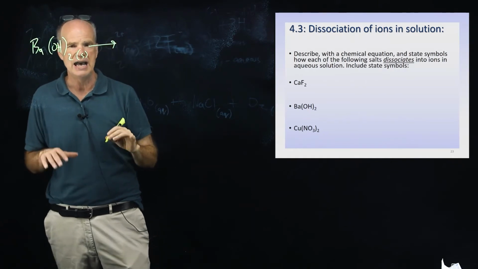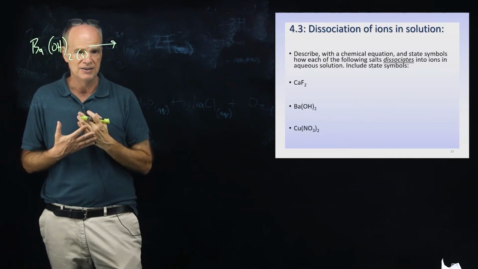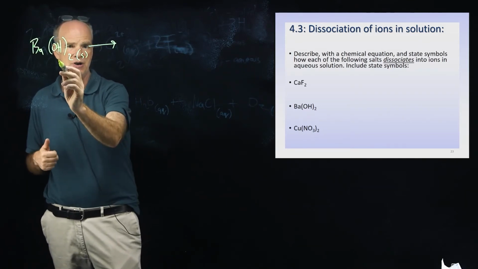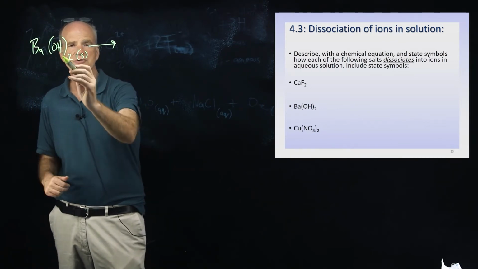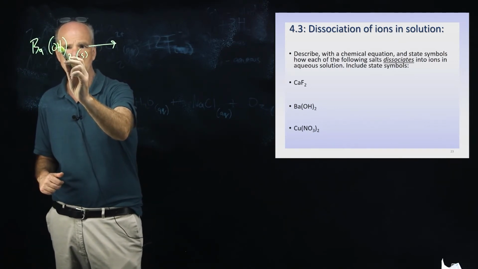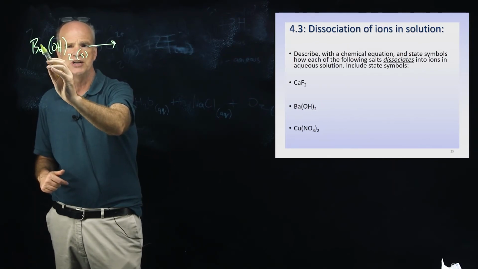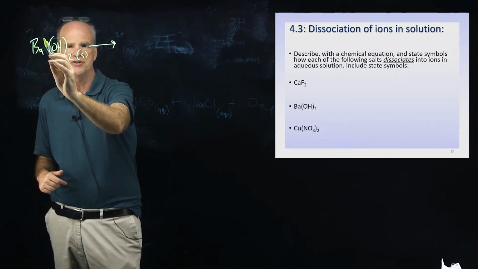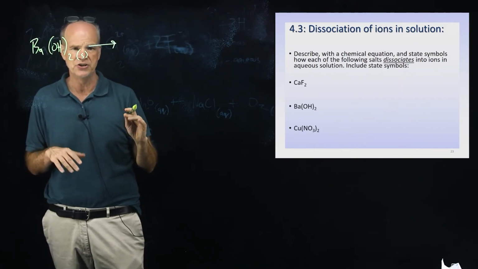And then when we add the salt to water, you get the barium ion dissociating from the two hydroxide ions. So you have to remind yourself, the reason why two hydroxides bind to barium, each hydroxide with a single negative charge, is because a single barium ion has a 2+ charge. We have to indicate that in the dissociation equation.